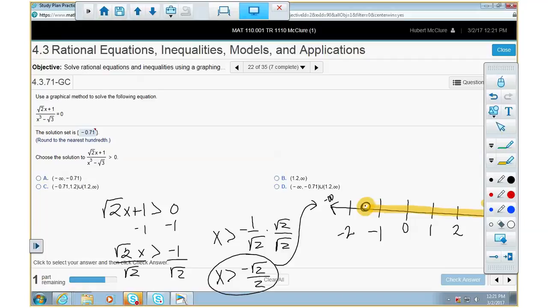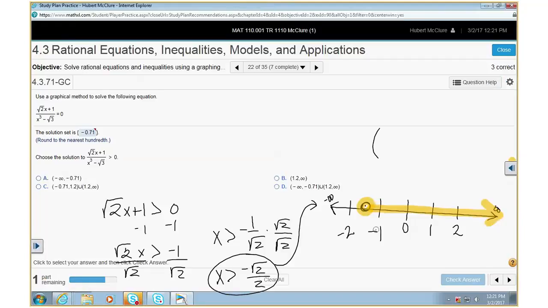Now, interval notation tells you to read the arrow. So that's going to be from negative square root of 2 over 2 to infinity. And negative infinity and positive infinity always get arrowheads. And if you don't touch the number, or you use the open circle, it gets a parenthesis also. So that's interval notation.